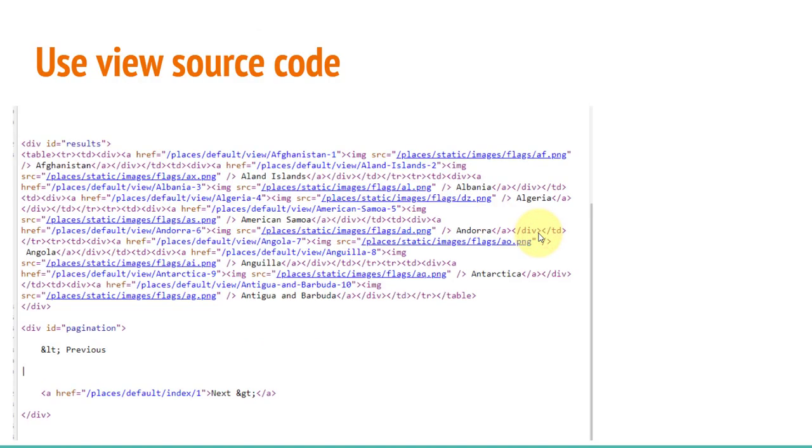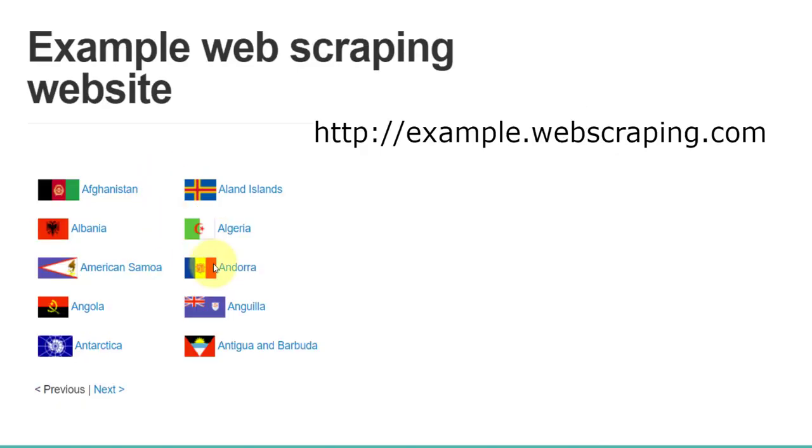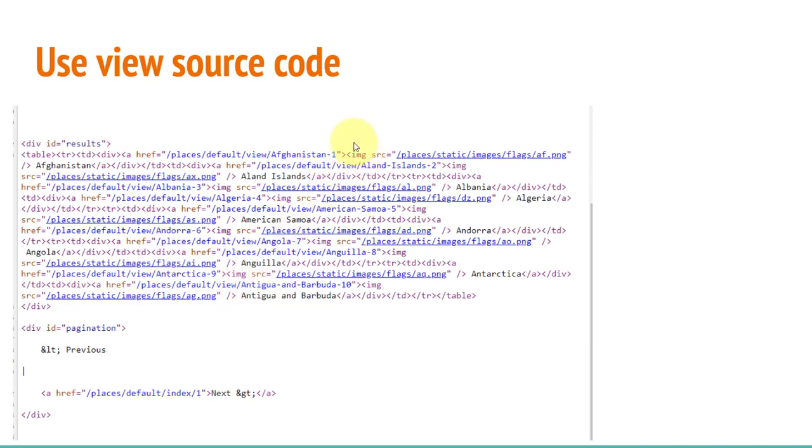The first thing is we can right-click on this page here. I'm not showing you the page, I'm just showing a screenshot of it, so I can't really do it right here. But you can right-click on the page and choose view page source or something like that, and you'll see the source code for the page. If you scroll through, you'll see one part where you can see Afghan.